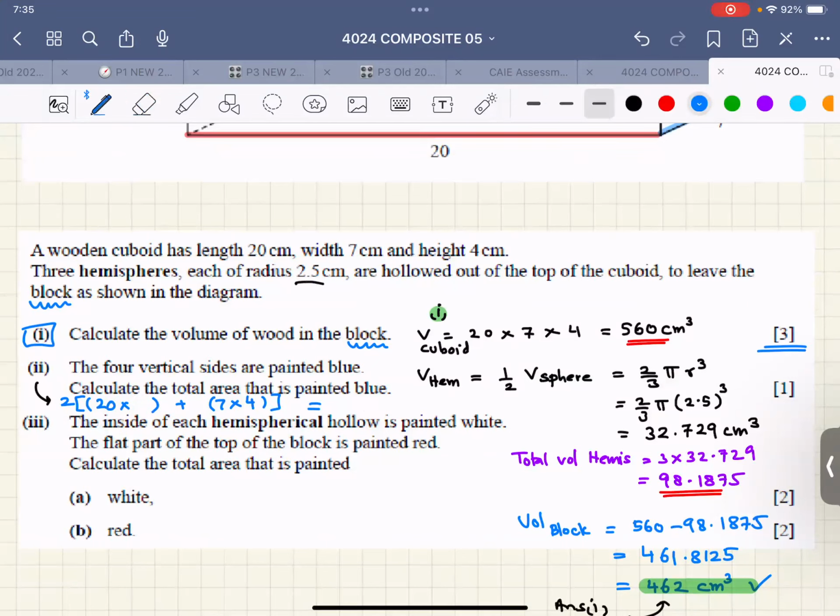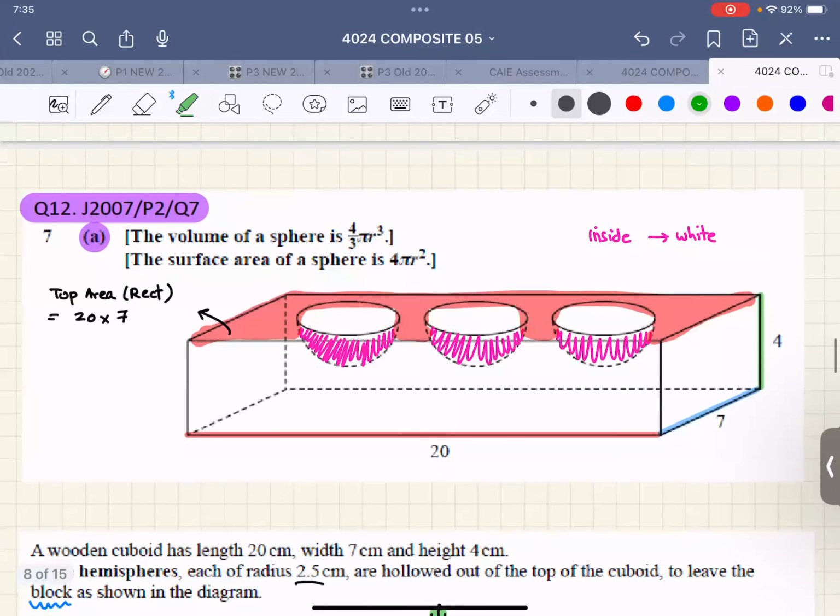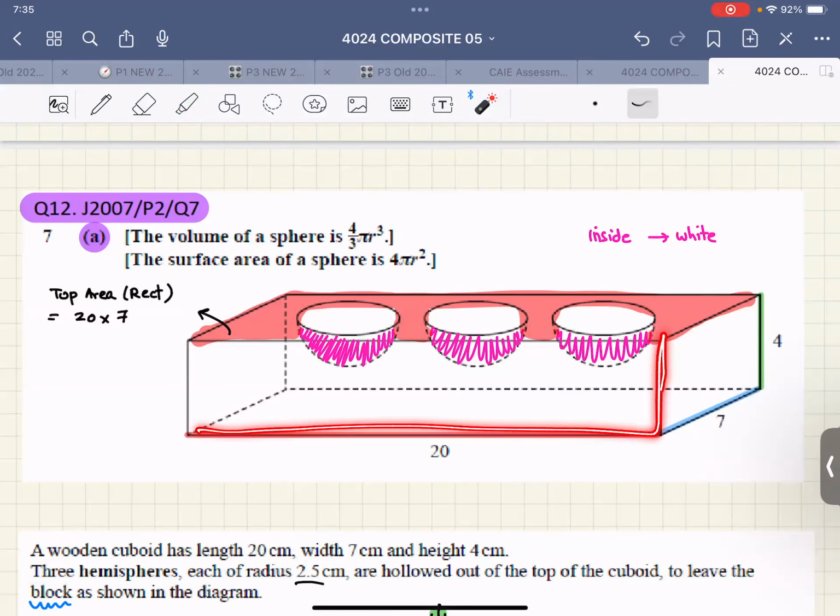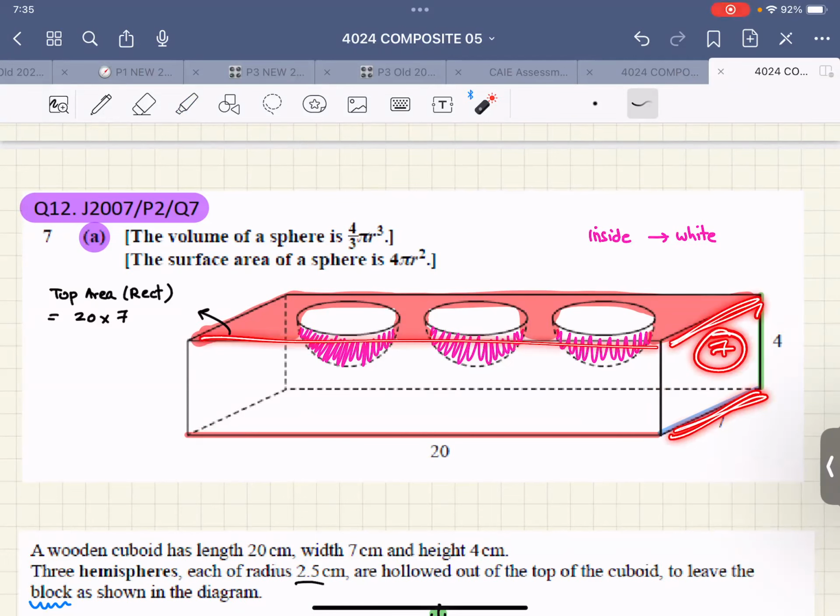This is 20 times 4. That is 80. 80 plus 28. That is 108. And this is 216. Now, I just realized it once I was looking at the working. So this was 20 and this was 4, not 7. Now this 7 will be used over here. This is 7. This thing is 20.